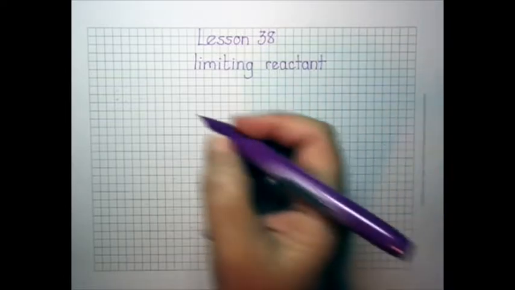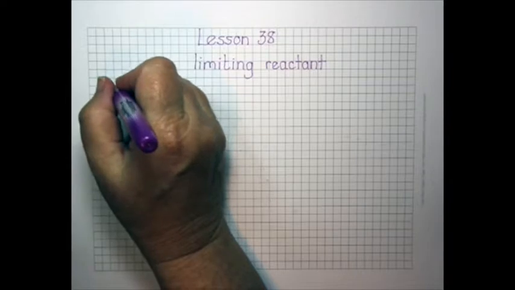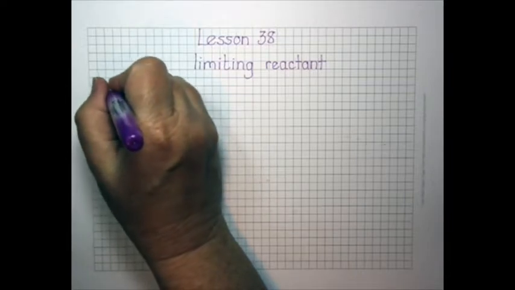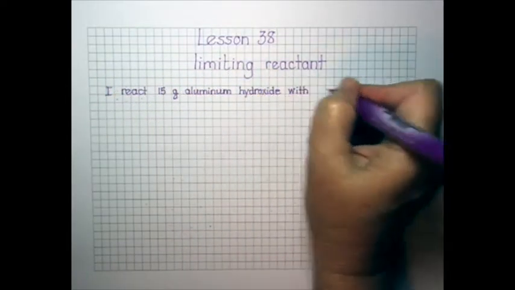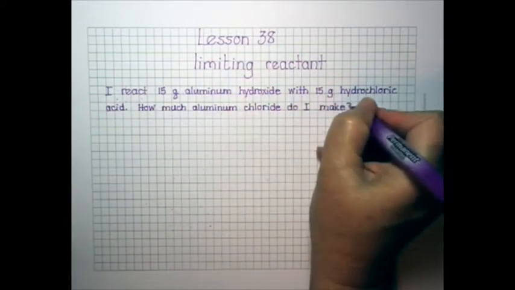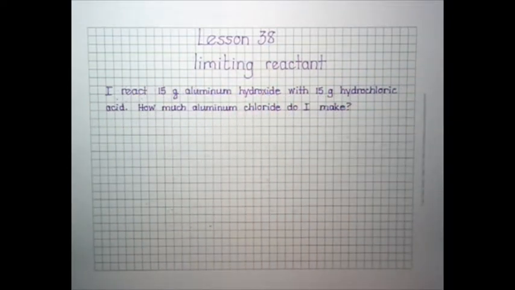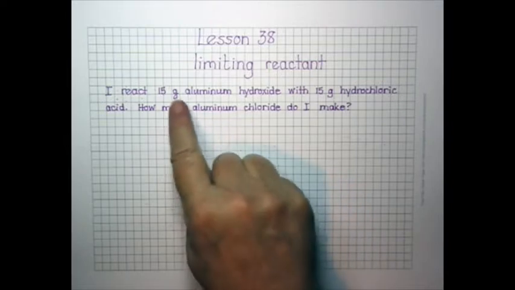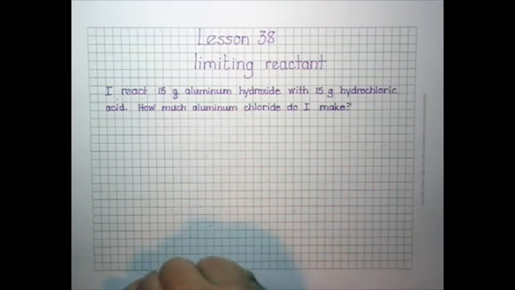Let's say that I'm going to react. Alright. Well, we see that we're being given amounts and asked for amounts, so once again, we're going to have to start with our balanced chemical equation.